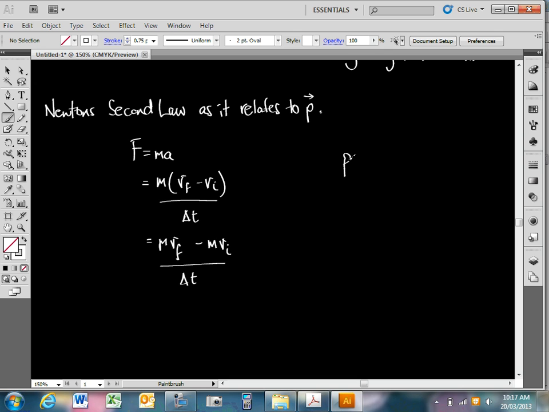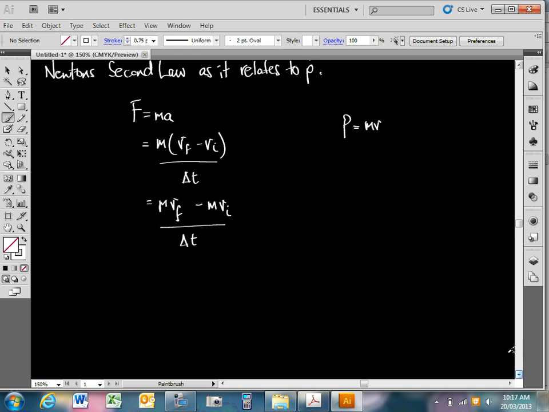We know this one. Momentum equals mass times velocity. Something has momentum if it has mass and velocity. It can't just have mass. Although depending on the frame of reference, everything's moving really, isn't it? So everything has momentum.